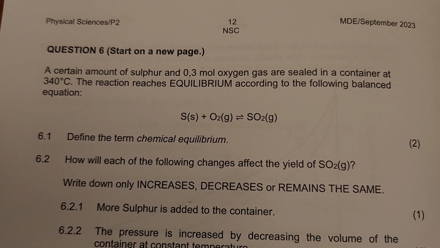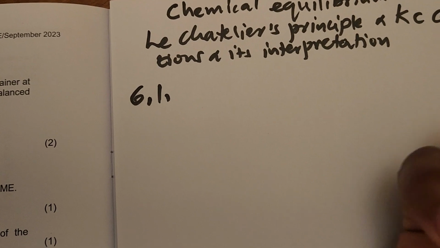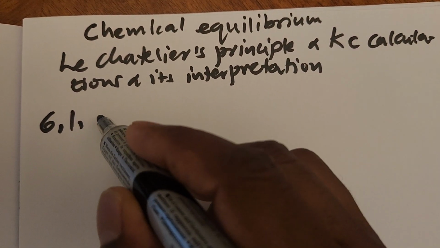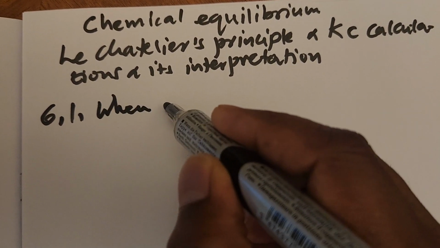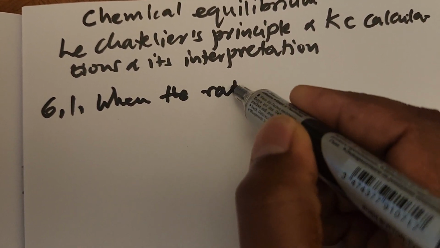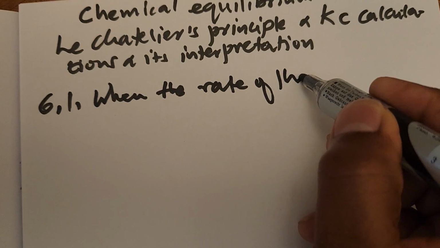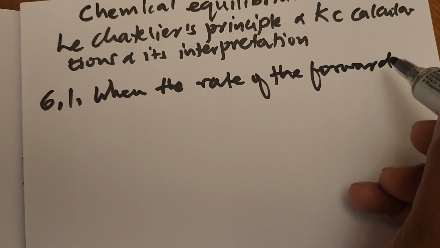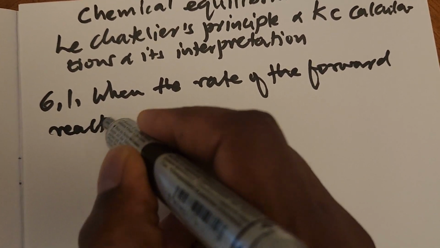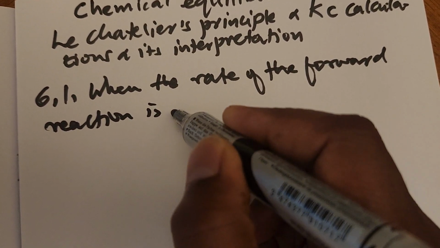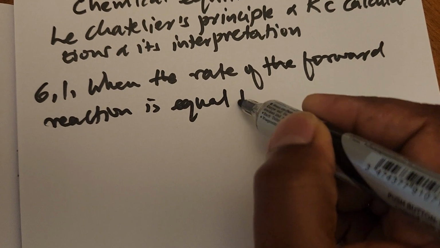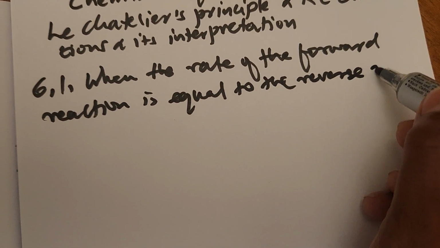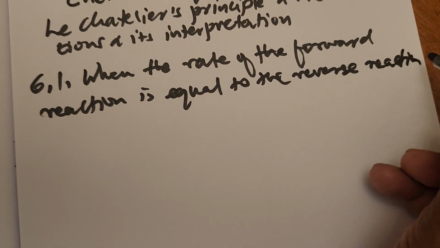Remember, we've got two definitions of chemical equilibrium. It depends. First, in terms of rates, you will say it is when the rate of the forward reaction is equal to the rate of the reverse reaction. That's the first option.